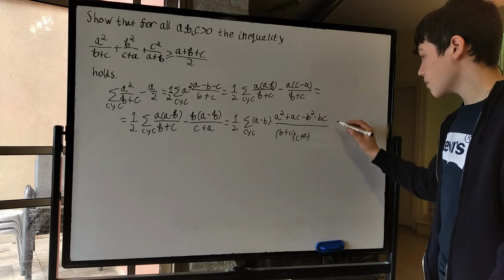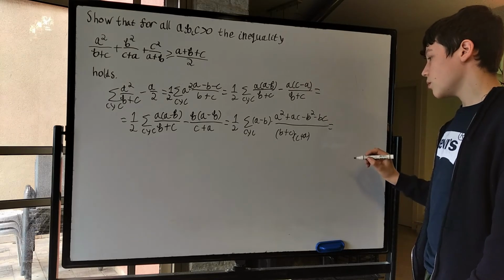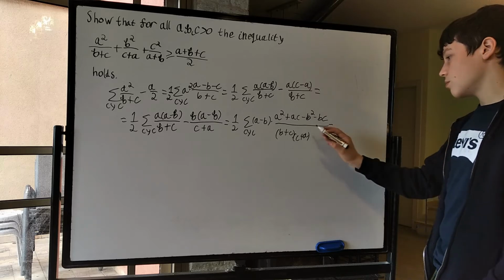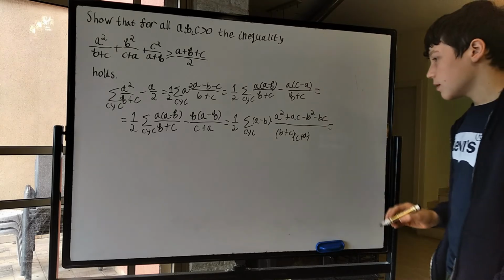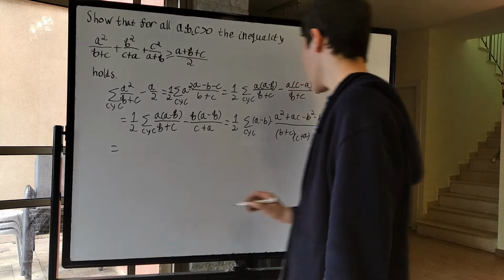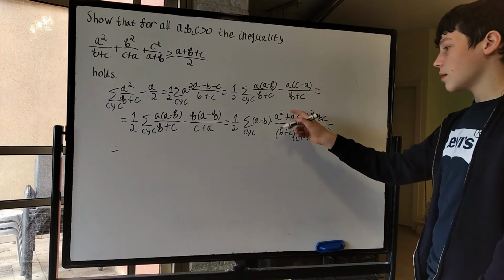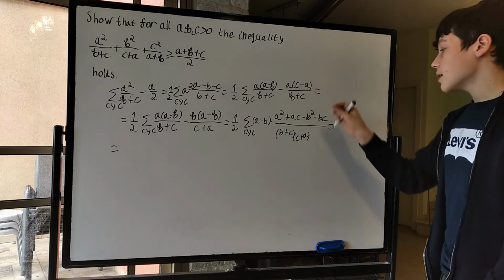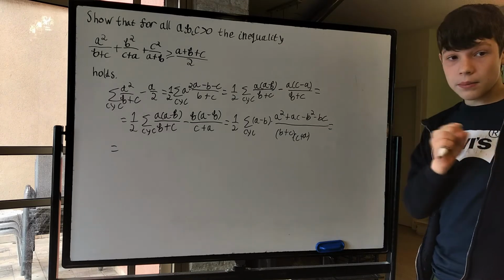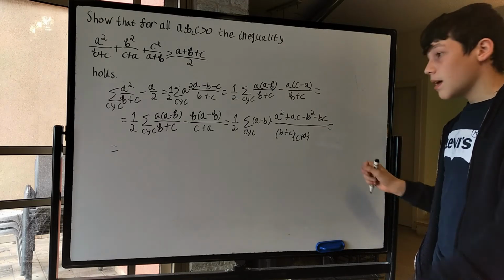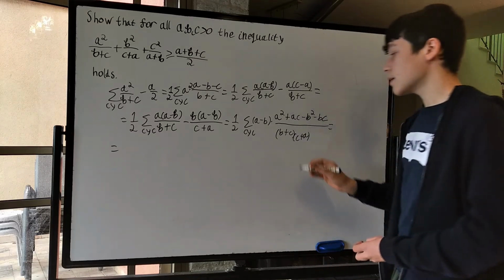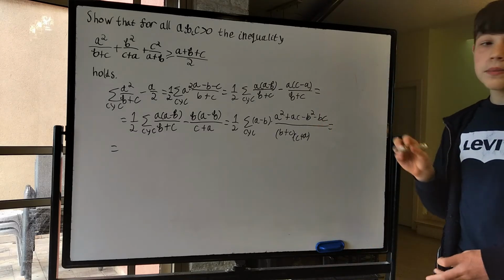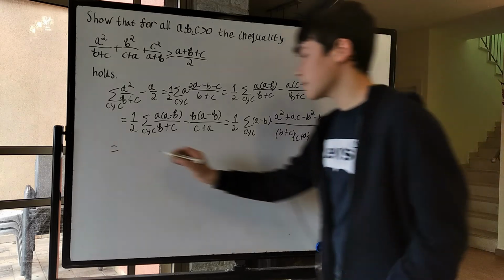And now, notice that we can combine this. So a squared minus b squared is (a minus b) times (a plus b), and ac minus bc is (a minus b) times c. And then if we combine those together, we get (a minus b) times (a plus b plus c).